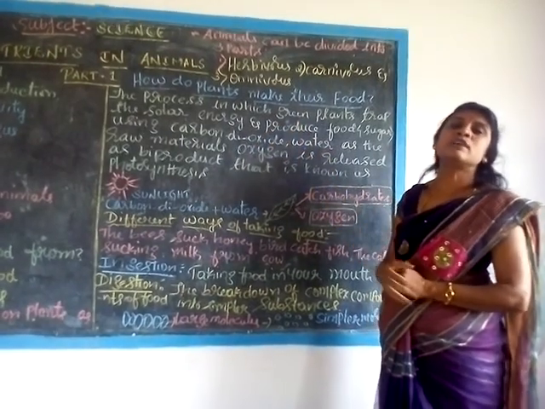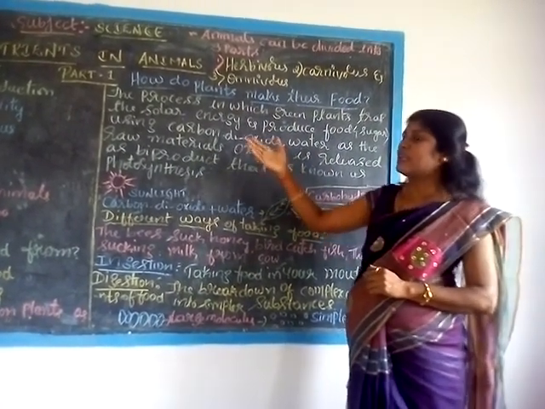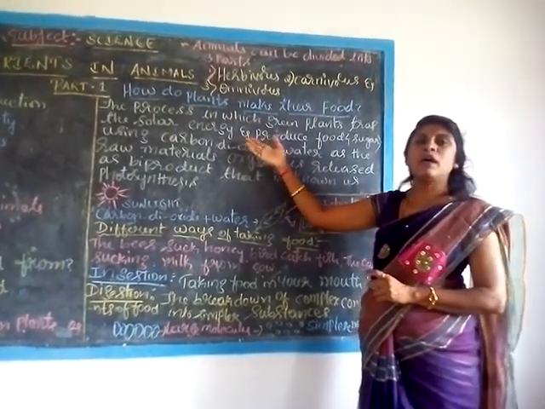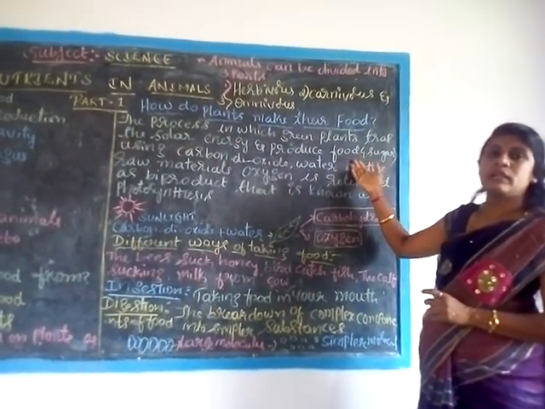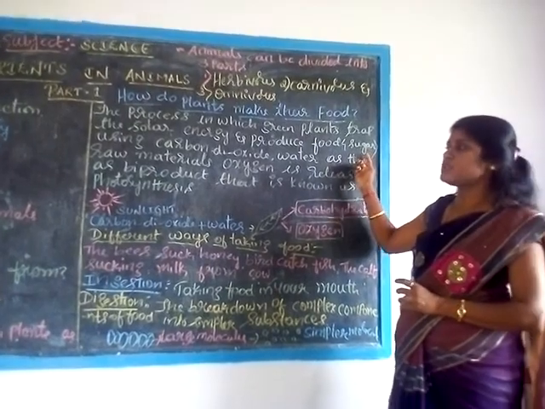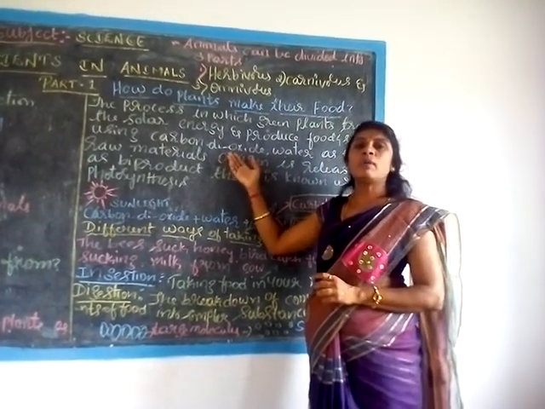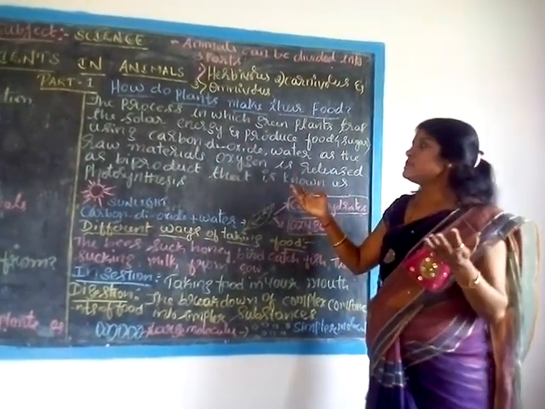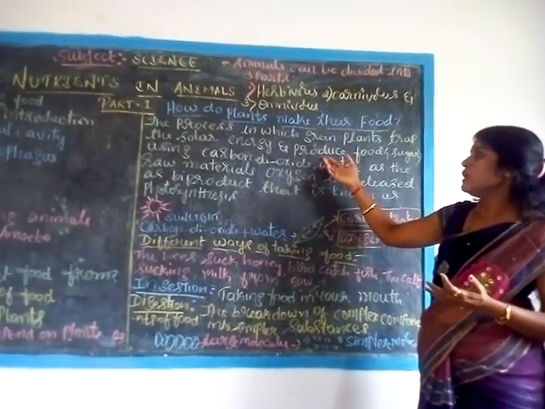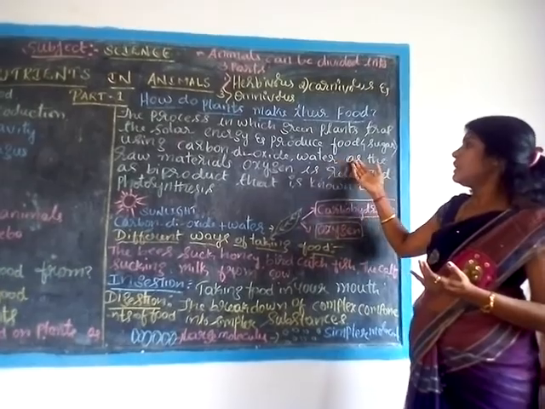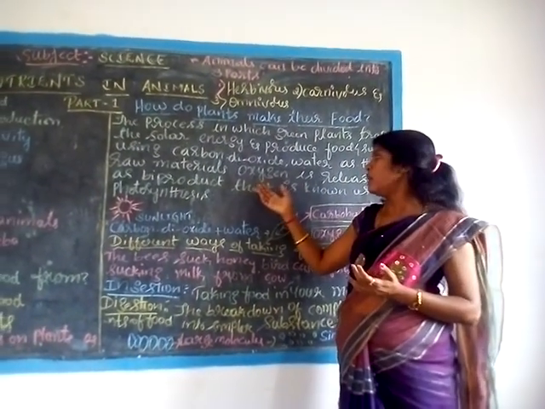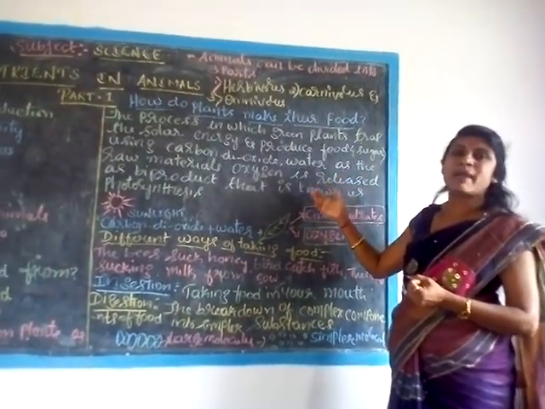Solar energy means sun energy. They trap the solar energy and produce food. Which is the food here? Sugar. That is food, made by using carbon dioxide. The plants take in carbon dioxide and water as the raw material, and oxygen is released as a byproduct.